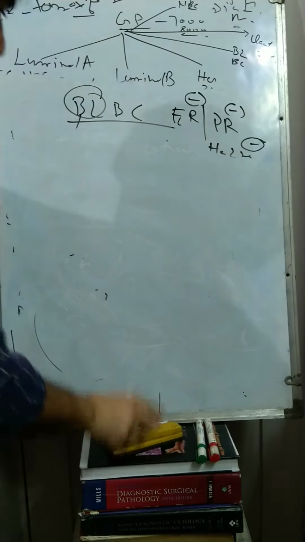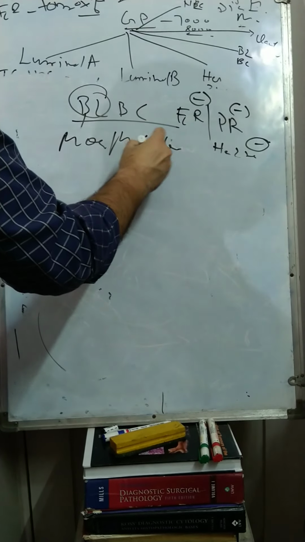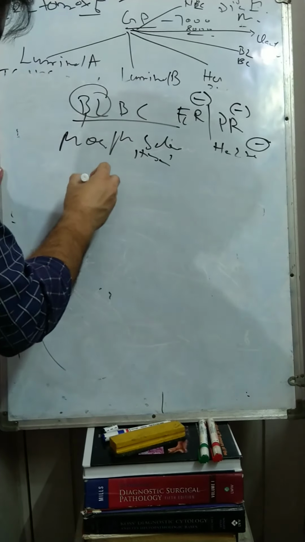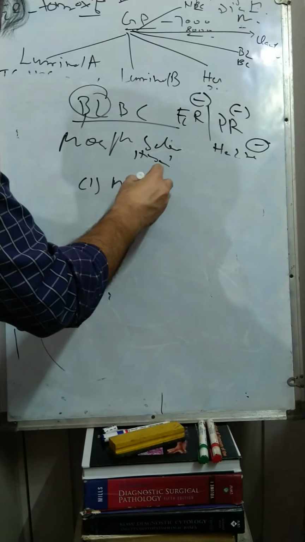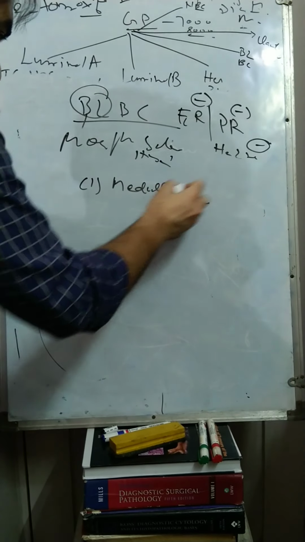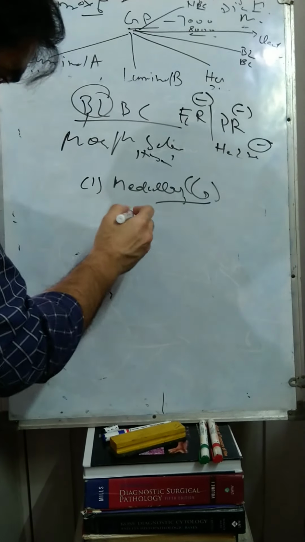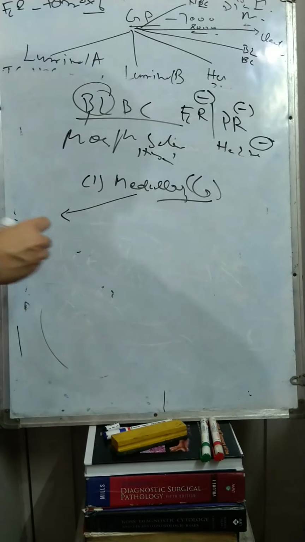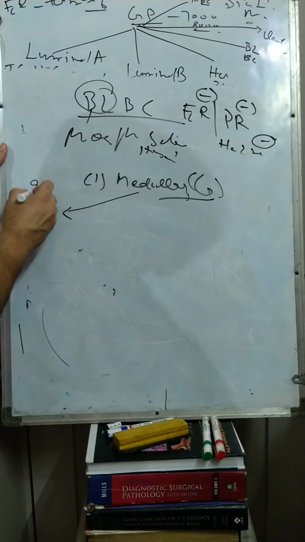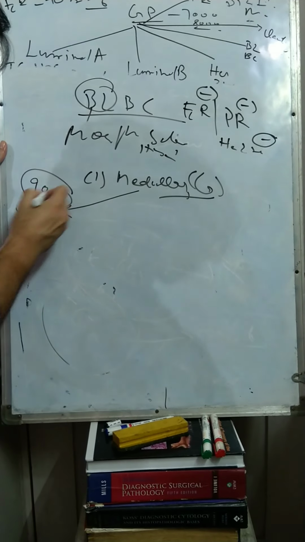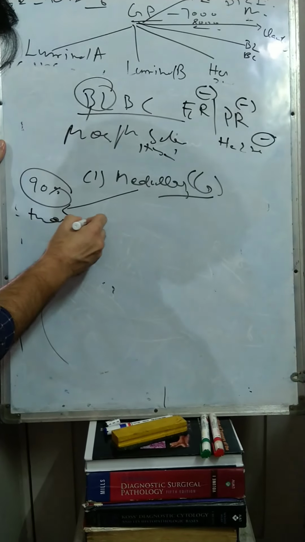So now, what are the morphological subtypes on a histological basis which fall in basal-like? So medullary carcinoma. Again, medullary carcinoma is a very confusing topic. Call it classical medullary breast carcinoma when more than 90% of the tumor shows certain characteristics.